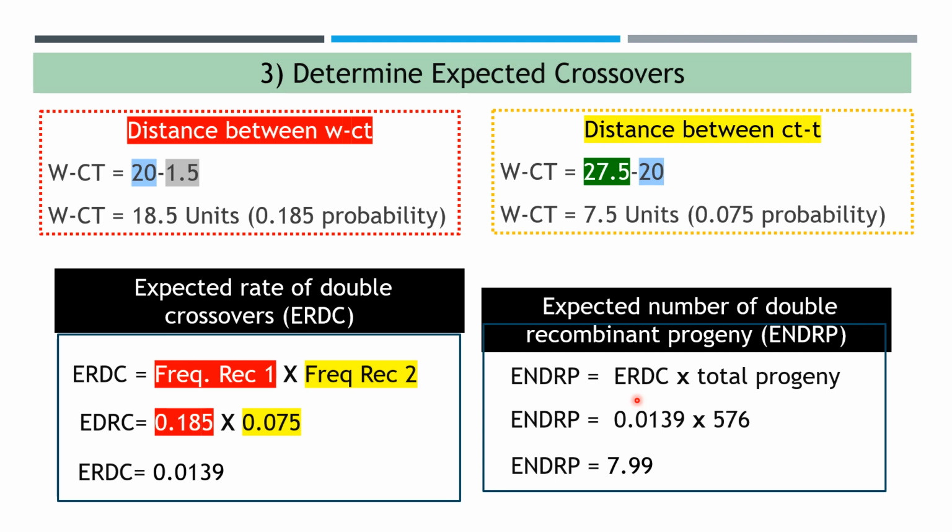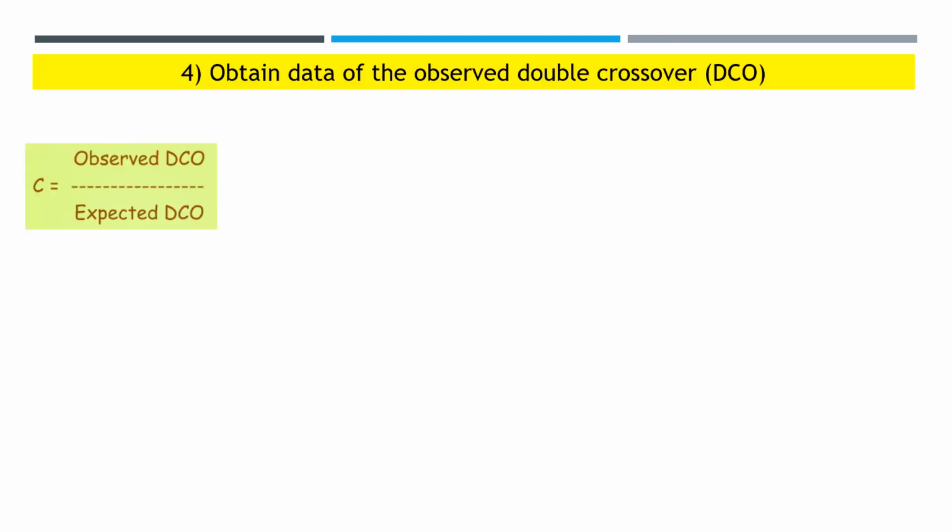Okay, so let's start with the last step where we'll calculate the interference. So now we can just apply the formula, and now the value that we already have, the observed double crossover, the one that we actually got in the experiment, we can divide by the expected double crossover, the value that we're expecting in theory, that we calculated using all these different three steps.